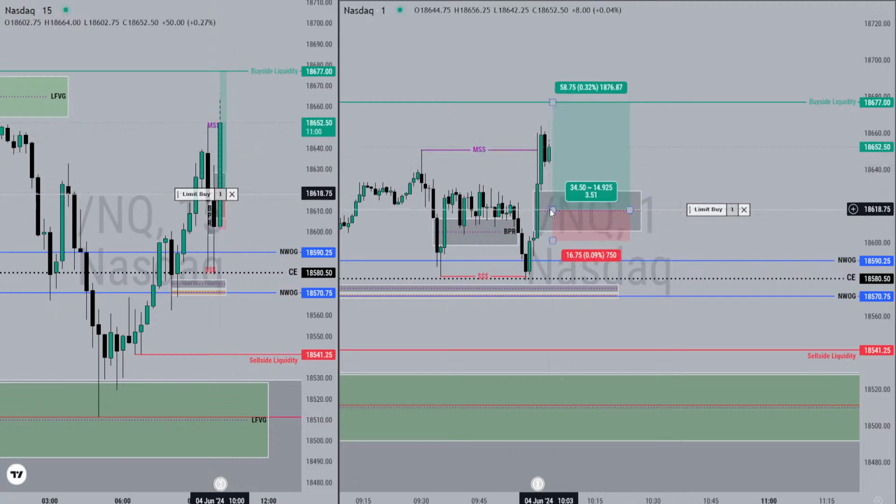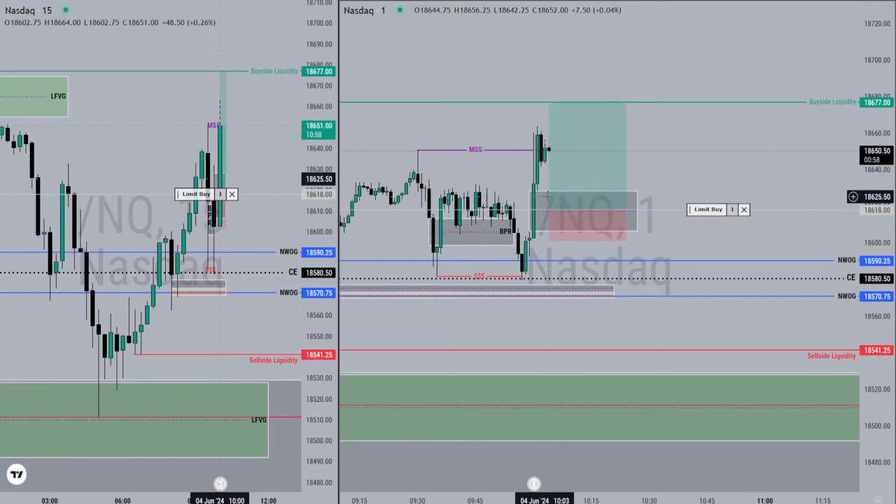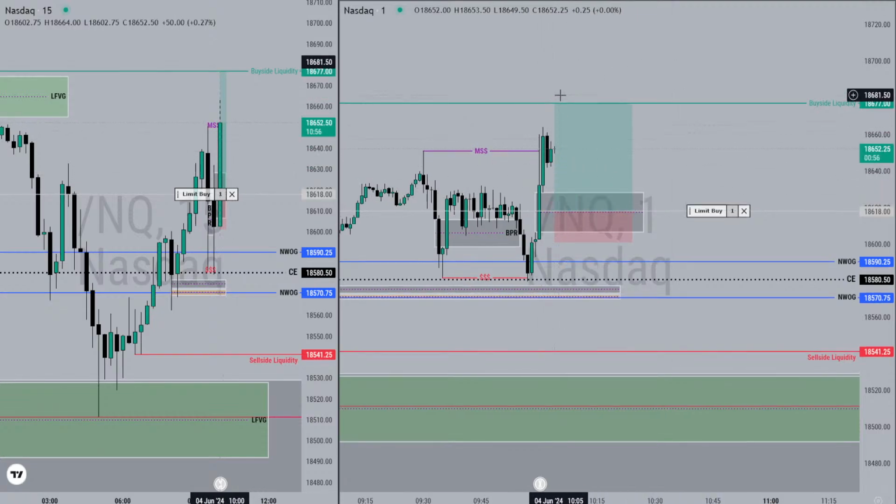It has to reach over here within three candles. If it takes more than three candles, I will do nothing. I will just see how price is taken that buy side liquidity. I have just nothing to do.